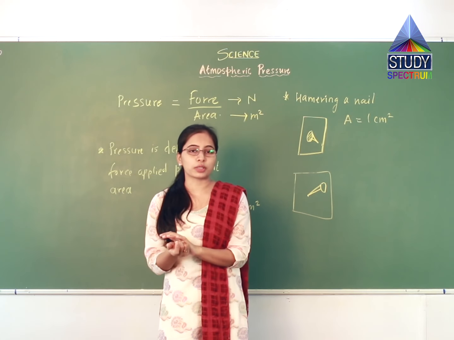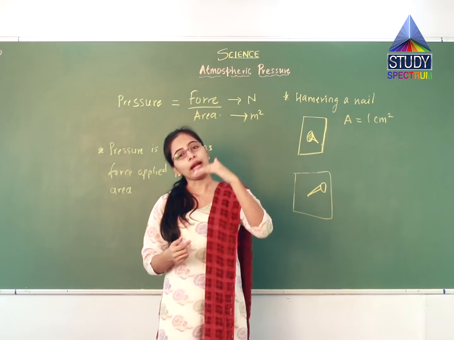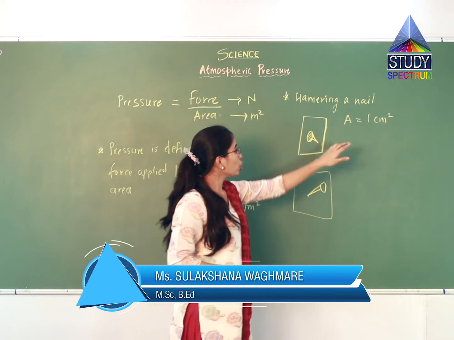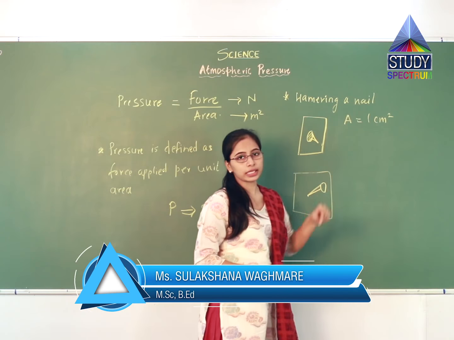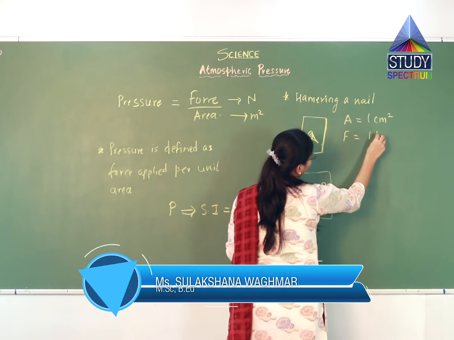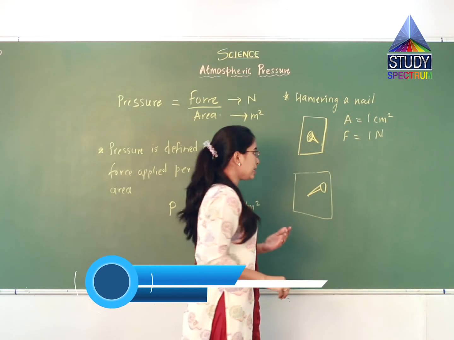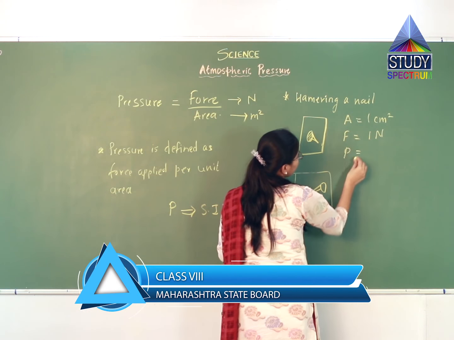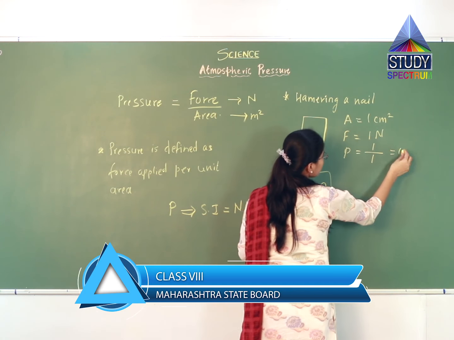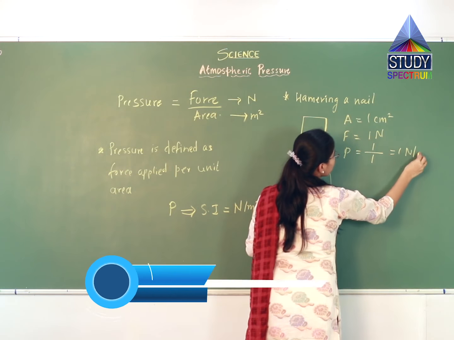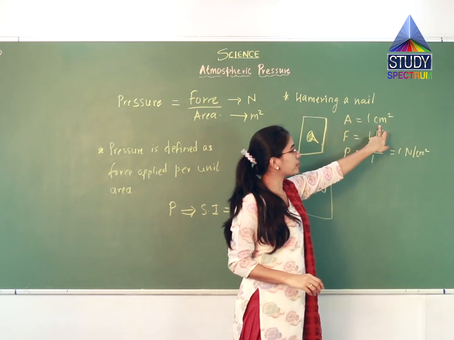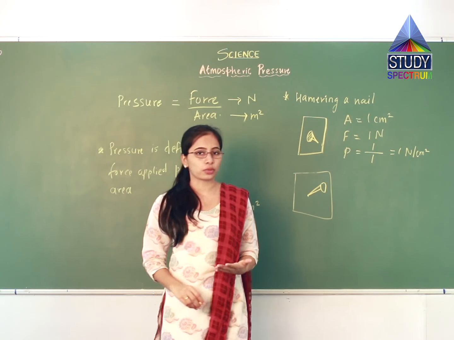So you have to substitute the value of pi and the radius, and you will get the area. Here I am taking that area directly. So the circular area of the nail is 1 centimeter square, and suppose I am applying a force of 1 Newton, then the pressure will be 1 upon 1. It will be 1 Newton per centimeter square. Here I am taking area in centimeters, so this will be centimeter square.